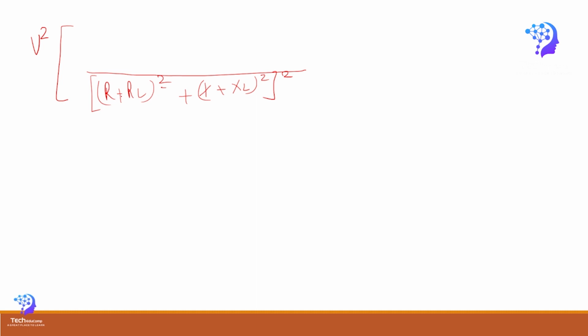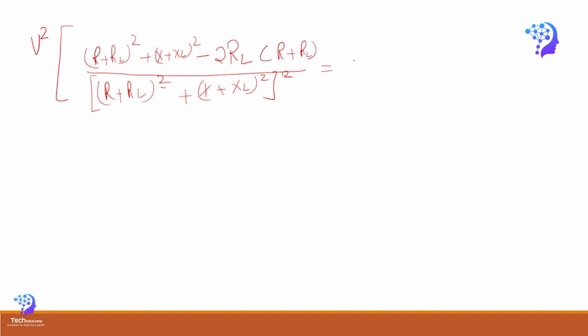Okay, so first keeping this as a constant, (R plus RL) whole square plus (X plus XL) whole square common, and differentiating the next, which is RL, which is 1, then keeping this as a constant, it will be with 2RL. Okay, and differentiating with respect to XL, this will be 0, we will be getting R plus RL.